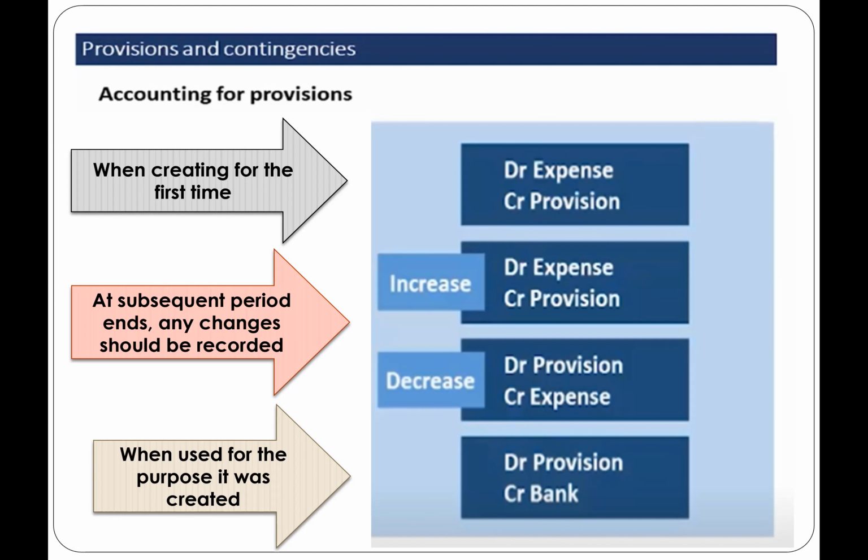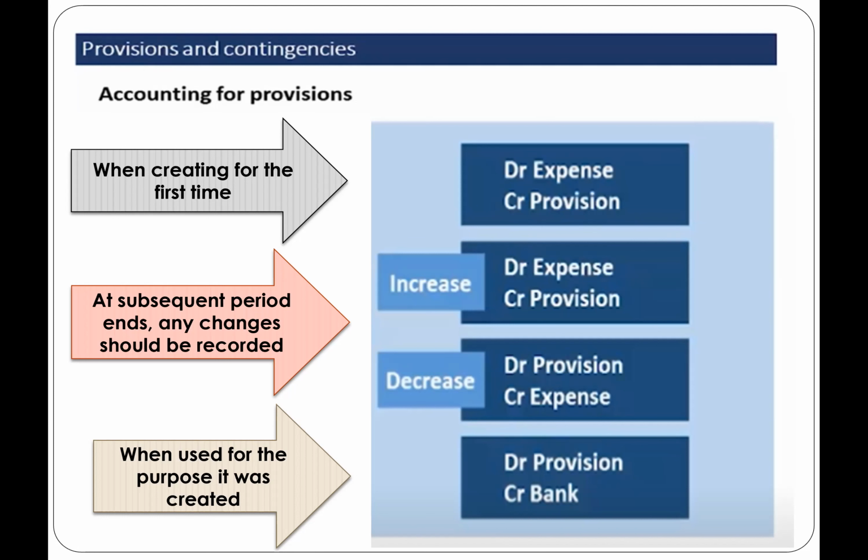If we want to decrease the amount, so let's say, for example, the employee says, instead of me waiting for 6 months, can you just pay me my money in 4 months so that I can go and do something else? Maybe they've already settled another job, which means perhaps the amount that you are planning to then pay them becomes less than the 10,000 that you have already provided for.